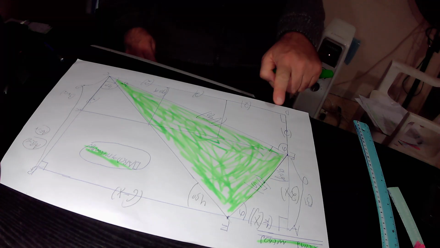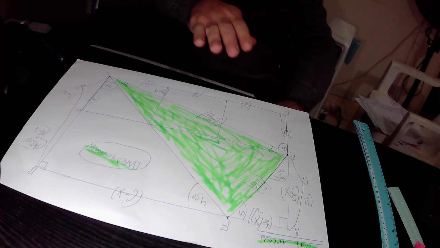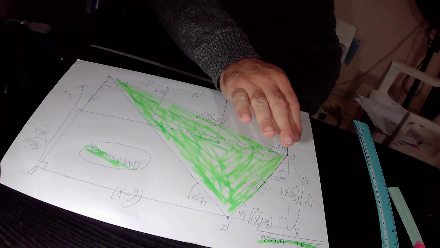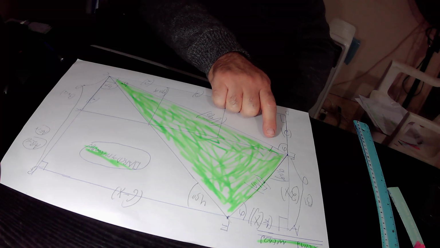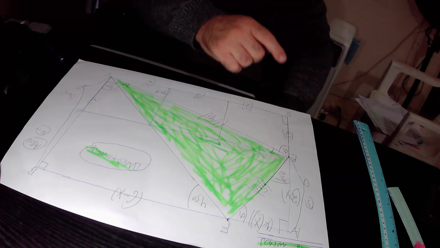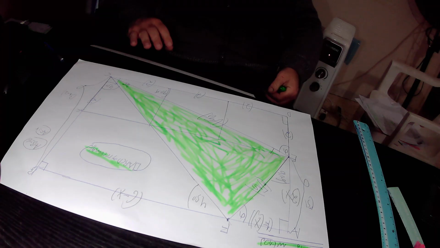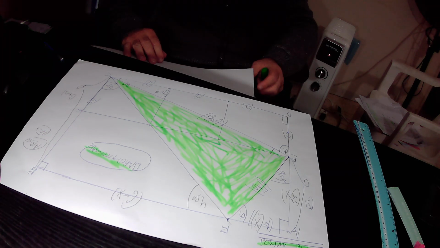First of all, we define this angle as alpha. This is a right angle according to the question. Plus this third angle, the sum of those angles must be equal to 180 degrees according to rule 3.